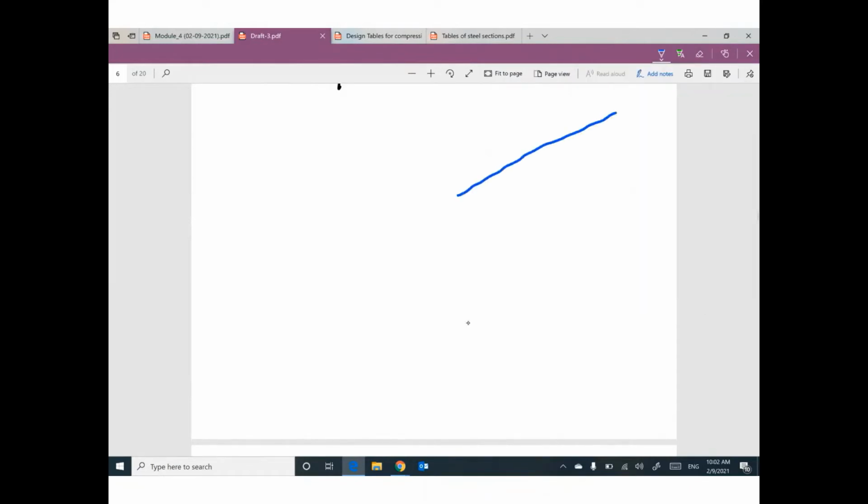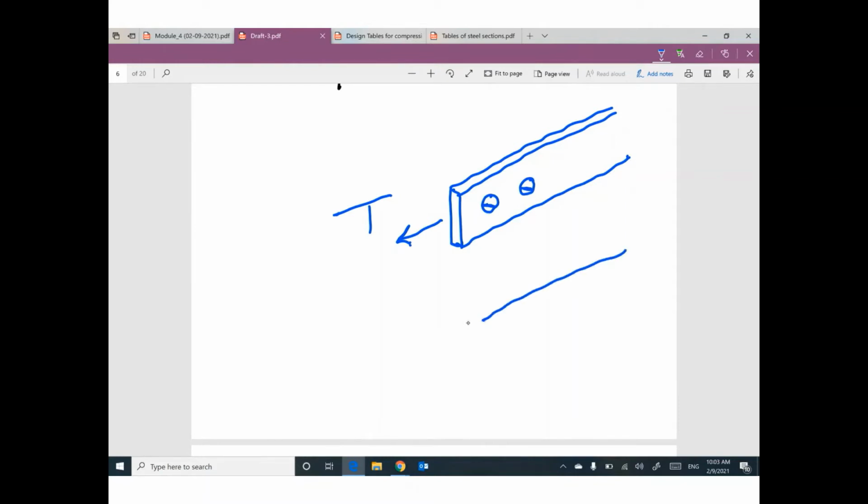If you have a member like this, or plate like this, and we have a hole here, and we have tension, the same member under compression, and we have hole, we understand that this hole will have a bolt.